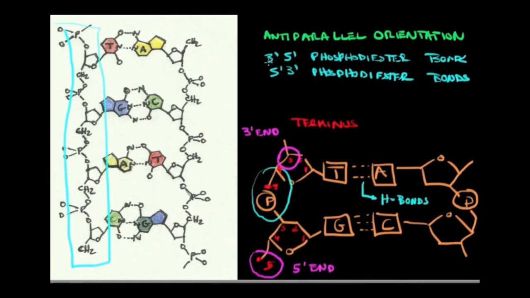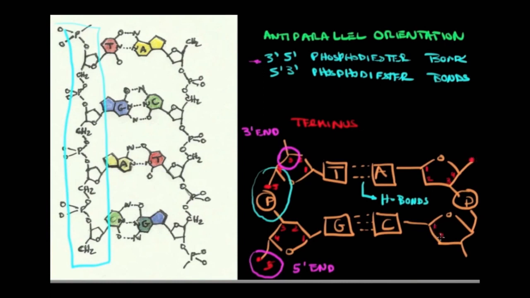That's why you have the 3', 5' end. 3', 5' phosphodiester bonds going in this direction. Okay? This is why you have two different ones. And then you start counting the same thing here. First position, 1, 2, 3, 4, and the fifth carbon here.